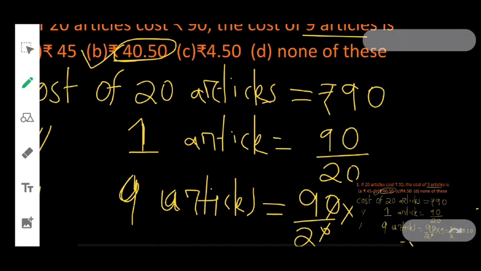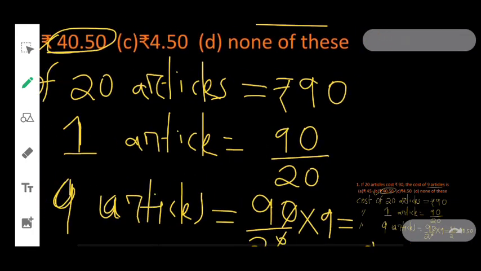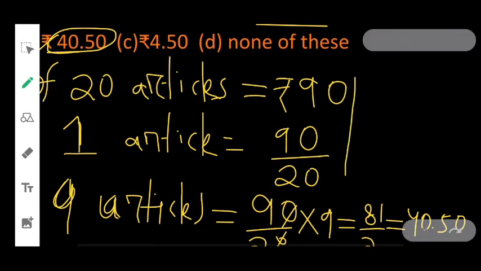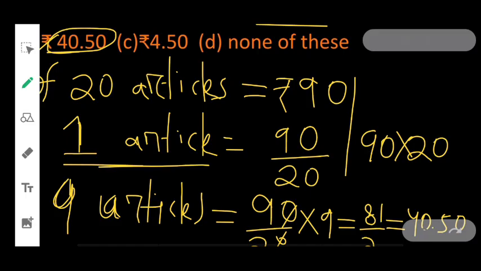So let's see if this were a question of inverse variation. In that case, the cost of one article will be 90 multiplied by 20. You have to remember, students, if this is direct variation, then when you are finding the value of 1 unit, you have to divide the given value by the given quantity.